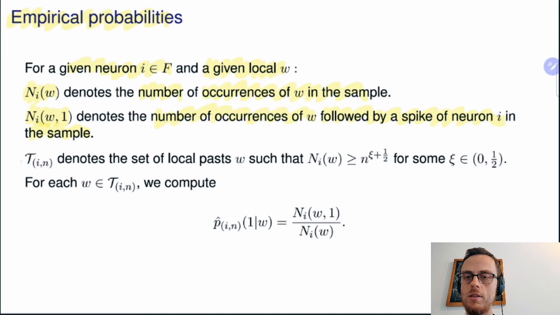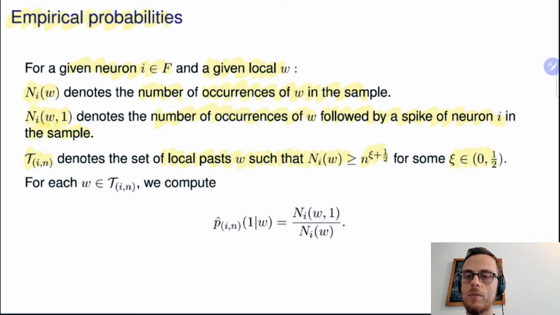Then I consider the set T_n^i, which is the set of all local pasts appearing sufficiently many times in the sample, meaning that N_i(w) has to be larger than n to the power xi plus 1/2, where the parameter xi belongs to the interval (0, 1/2).